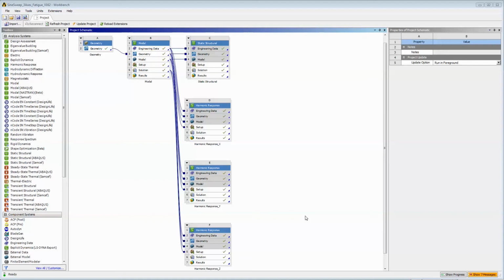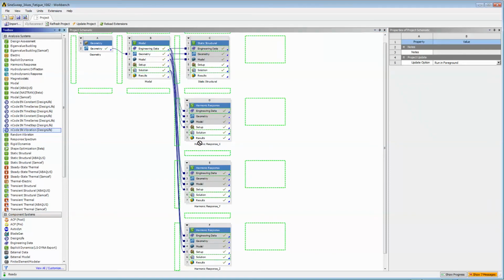Having done the harmonic analysis, the next step is to carry out the fatigue analysis. For fatigue analysis, we are going to use Ansys nCode DesignLife product. When you have appropriate licenses, you will see nCode analysis system appear here. For this analysis, we are going to use nCode SN Vibration at DesignLife.